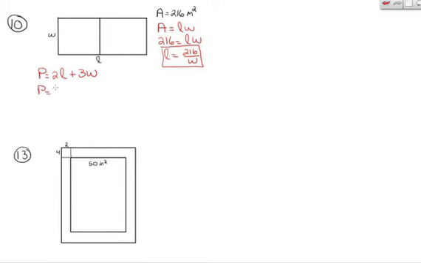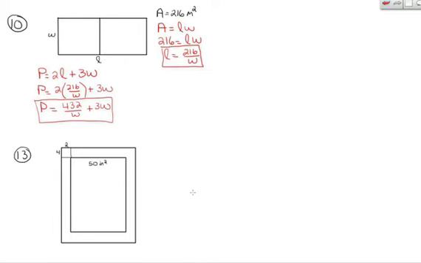Perimeter equals 2 times 216 over W plus 3W. Perimeter equals, let's see, 2 times 216, that's going to be 432 over W plus 3W. So there is my equation I need to minimize.